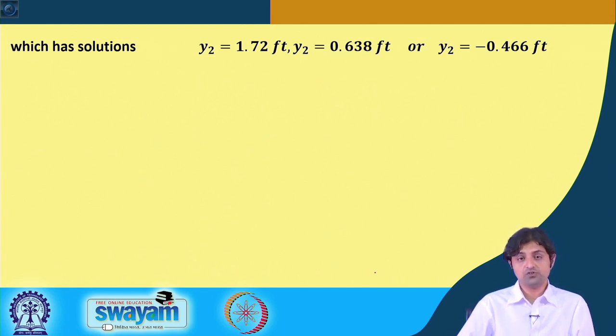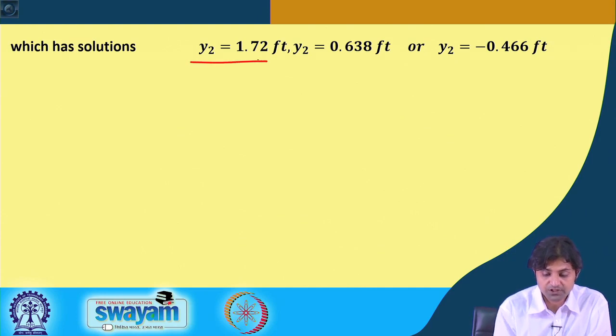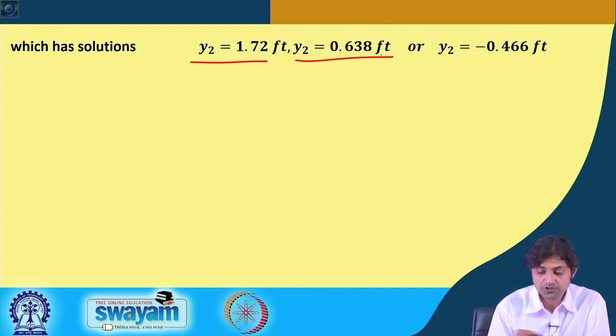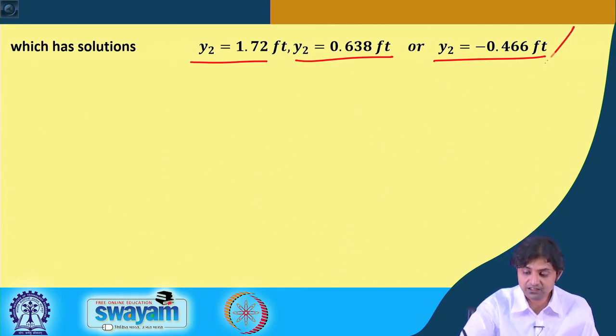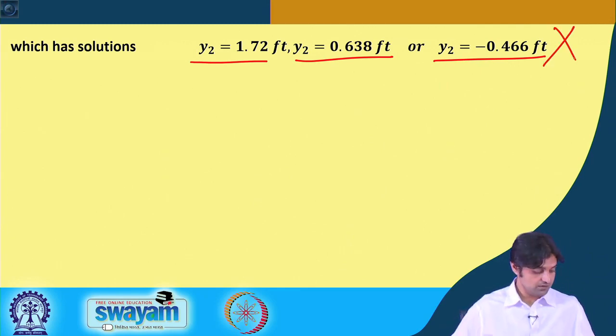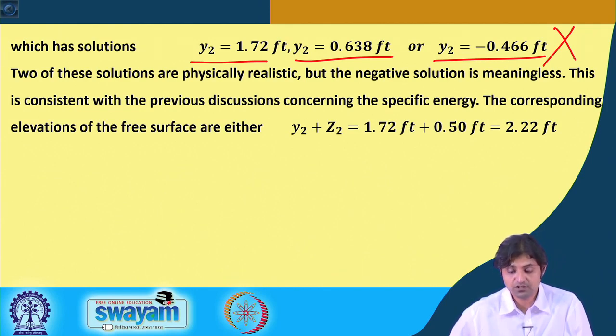Now, if we solve this, we will get 3 solutions. y2 is equal to 1.72 feet, another value is 0.6838 feet, and the third is a negative value. Of course, we are going to neglect the negative value. 2 of these solutions are physically realistic, but the negative solution is meaningless. This is consistent with our previous discussion concerning the specific energy. There we also neglected the negative value.